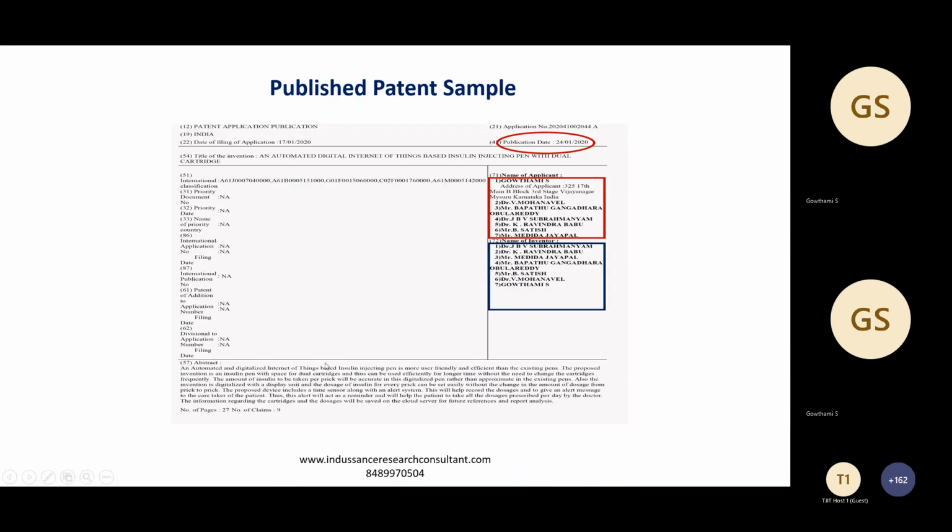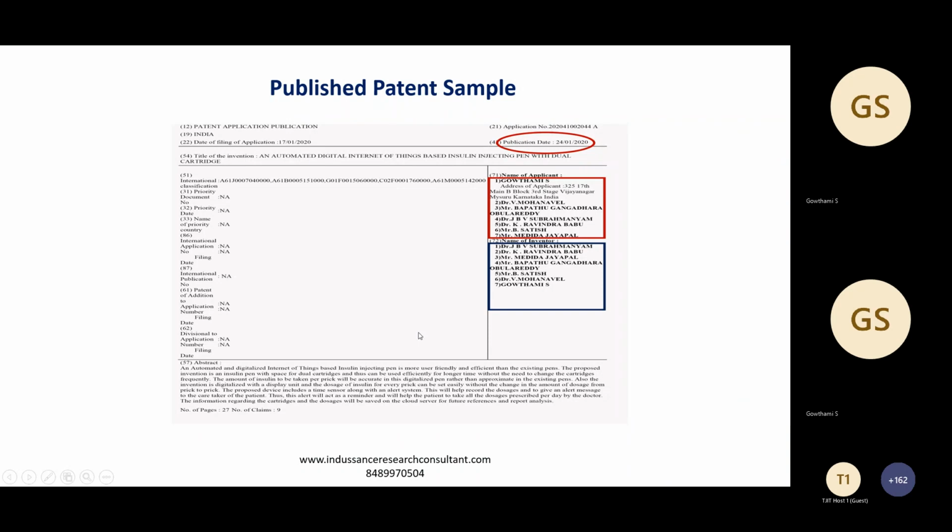This is the sample I have taken from the official journal of patent to show how it looks. Every Friday, and I'll let you know one more thing: if somebody says that your patent is published on some day other than Friday, please don't believe it, because the patent office releases its journal only on Fridays. It is a rule. Only on every Friday is the patent journal published on the IP website, and from there you can download the journal, take a screenshot and keep it.